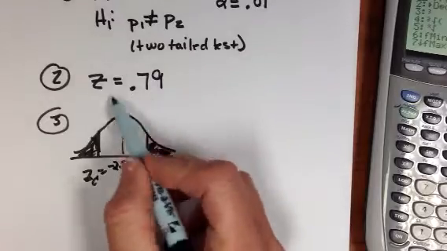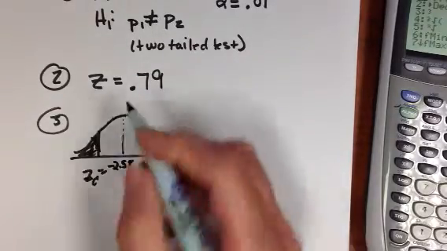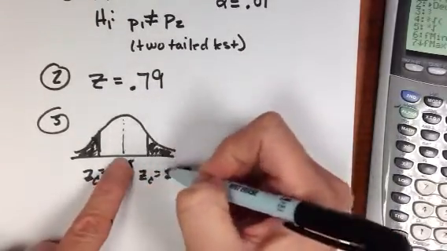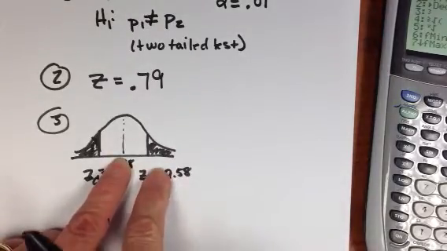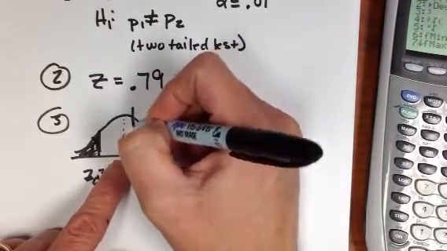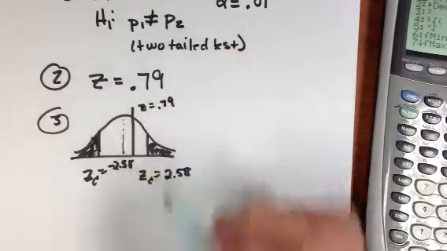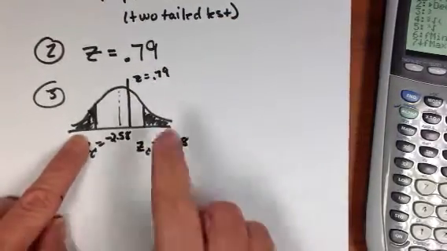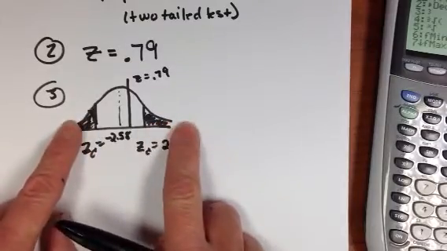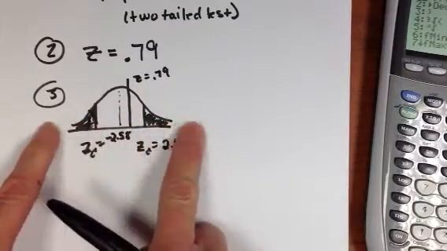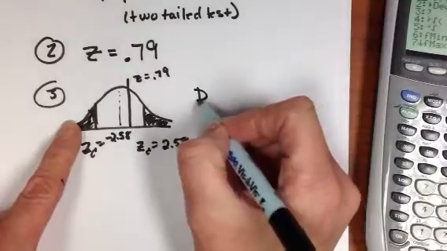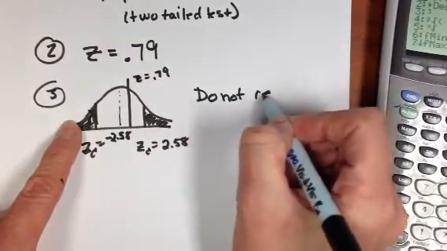So the question is, where is 0.79 on this graph? Well, it's between 0 and positive 2, correct? So 0.79, I'm going to say somewhere right here. So remember, on the critical region graph, this is my rejection region. Since my test statistic is not in the rejection region, I do not reject H naught.